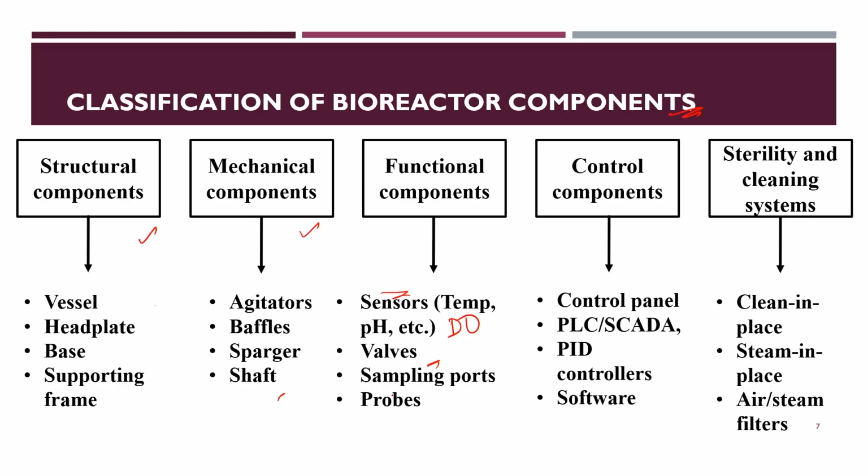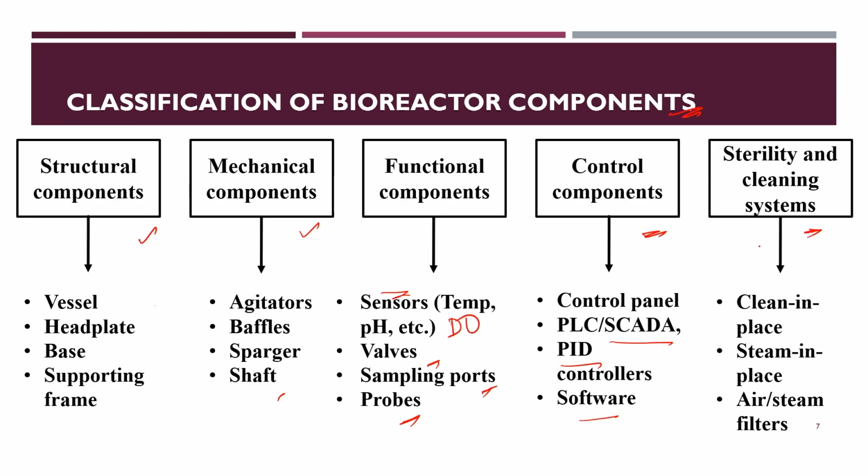There will be valves for the inlet and outlet. There will be a sampling port to take samples at different time intervals, and there will be probes where the sensors can be connected to the bioreactor, and there are control panels where we can have different types of controllers like SCADA and proportional integral derivative controllers and different software.